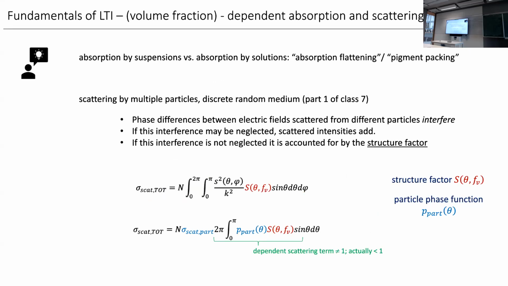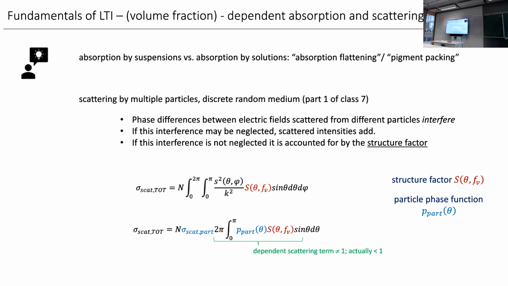Then we had this wonderful effect of scattering by multiple particles at the same time, where the positions of the particles are not completely random, because their size is fixed. If you ignore these effects, then you can just add scattering intensities. If you take them properly into account, you first have to add scattering fields and then square that to get the scattering.